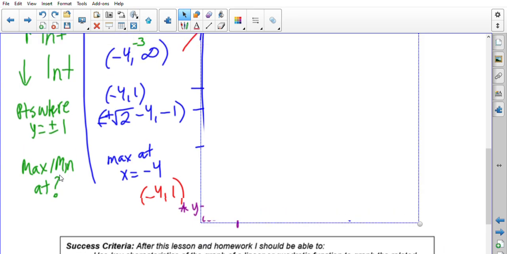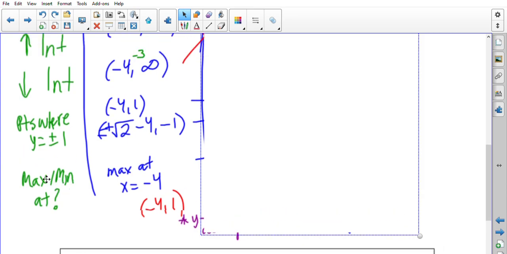Now notice that I've added an extra line here, which says max or min at. Because with parabolas, we know parabolas will have a max or min. So we know automatically that their reciprocals, based on what we went over 2 pages ago, will have the opposite at the same x value. So I'm noting to myself that the parabola has a max at x equals -4.